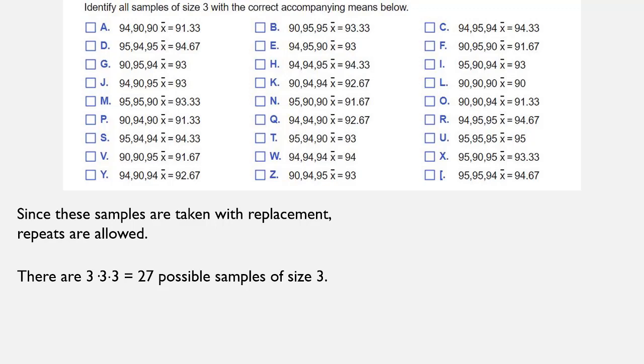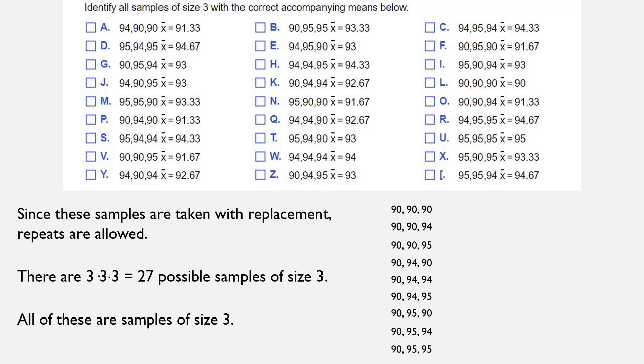Well, if we look up here on this table, that seems like a lot of values. Guess what? It's 27. They give you 27 samples of size 3. So our choice here is going to be all of these values because we have these 27 samples. And the way that I've listed them here, these are the 9 samples that begin with 90 as the first value.